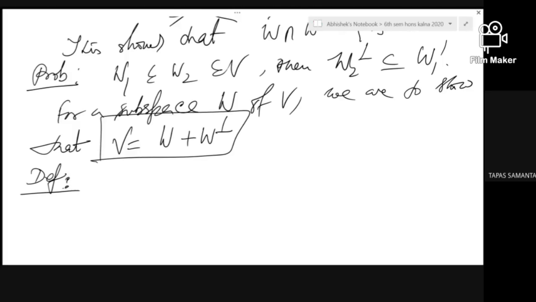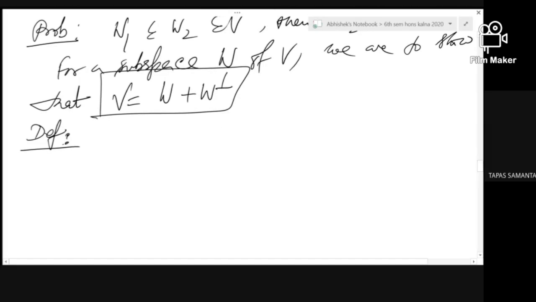To establish this result, let us introduce the concept of orthogonal sets or orthonormal sets, and later we will do this for a basis, that is, orthonormal basis, orthogonal basis.